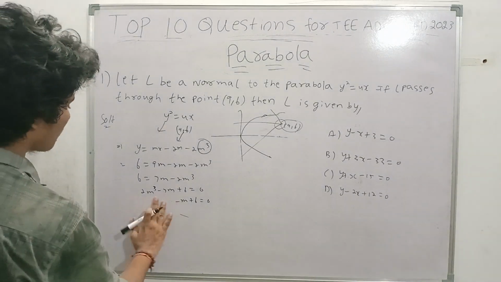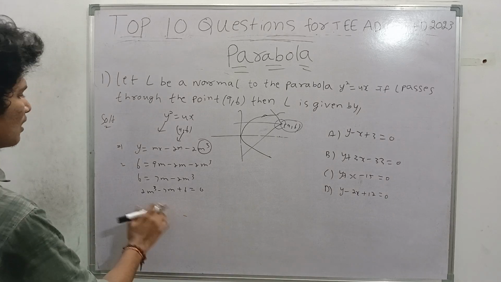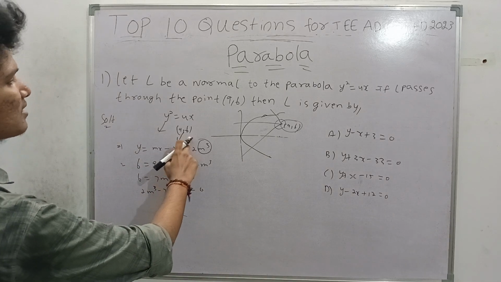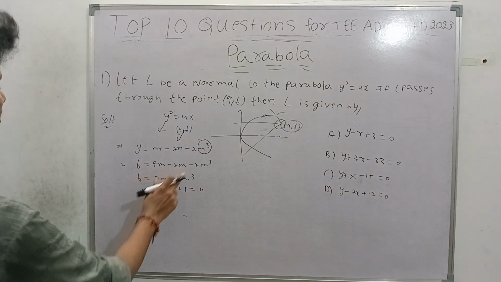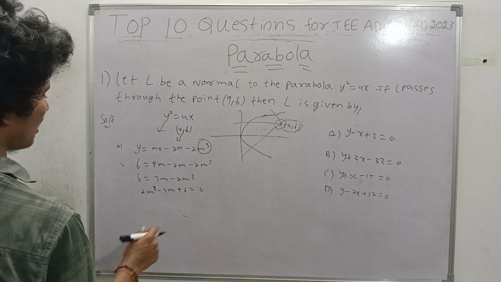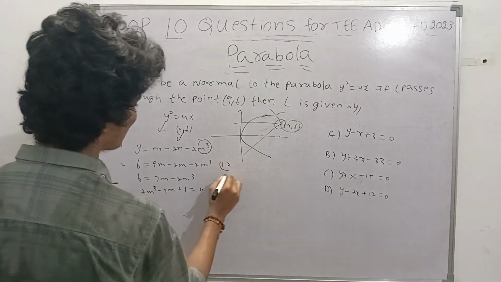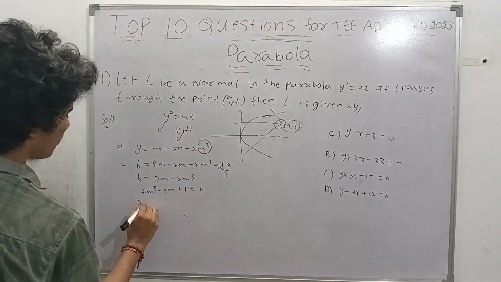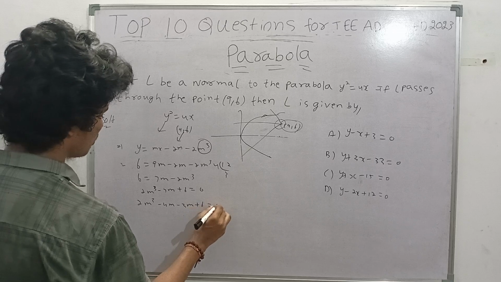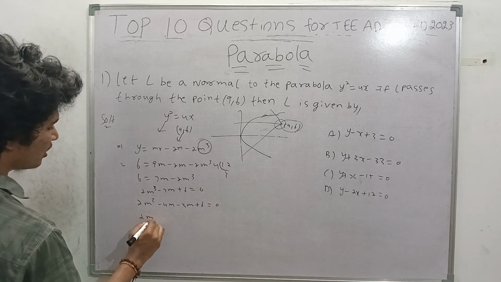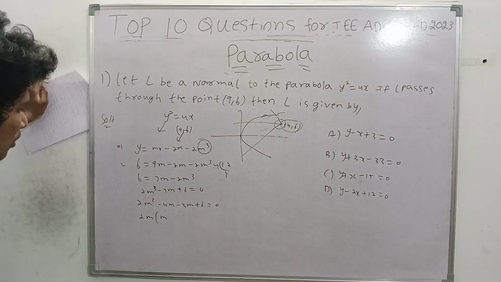I substituted the point 9, 6 here. 9m minus 2m is 7m, and 2 into 6 is 12. 12 we can write as 4 and 3. So 2m cube minus 4m minus 3m plus 6 equal to 0. Here you can take 2m as common.